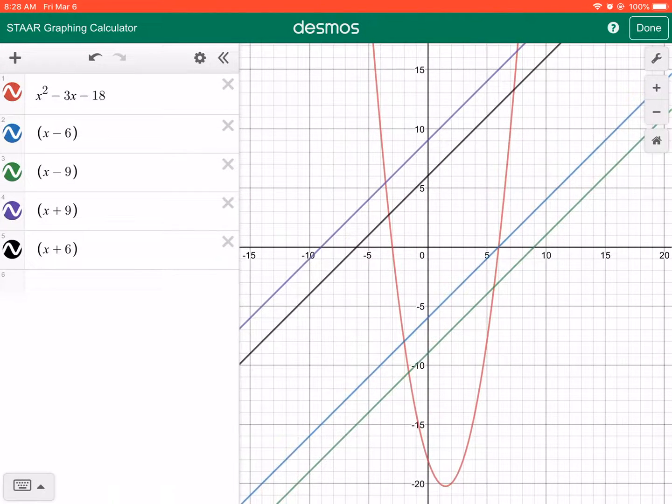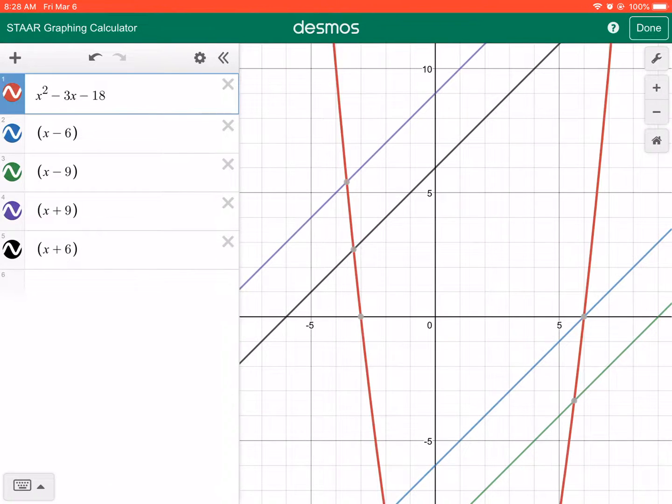Here's my parabola. All the lines cross the parabola, but that's not what I'm looking for. What I'm looking for is all lines that cross the parabola where the parabola crosses the x-axis. So which one of those colors goes through one of those special points?